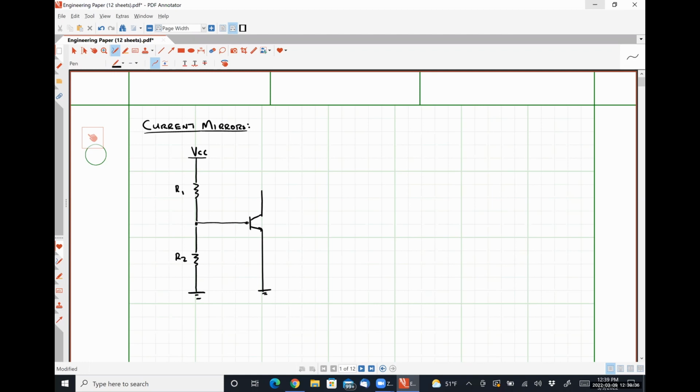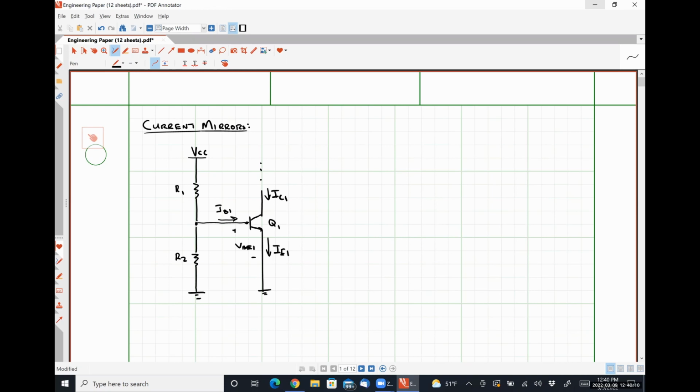And this current source here, let's call this Q1, might be being used to bias some other circuitry, which isn't particularly important. So I'm going to call this current IC1. This is IE1. This is IB1. And this is VBE. Okay.